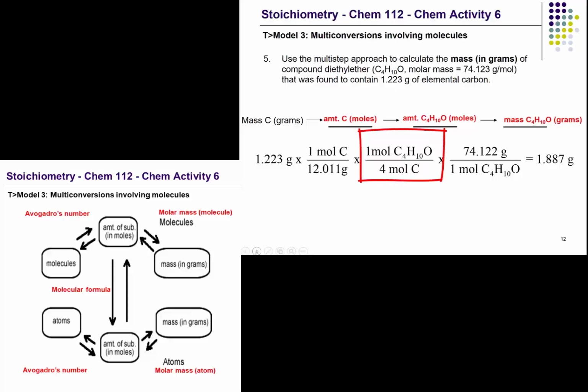Use the molecular formula and the understanding that there are 4 moles of carbon for every 1 mole of diethyl ether. So now we've got the amount of diethyl ether, and then multiply by the molar mass. In our synchronous sessions, we'll do some practice in doing these sorts of conversions.